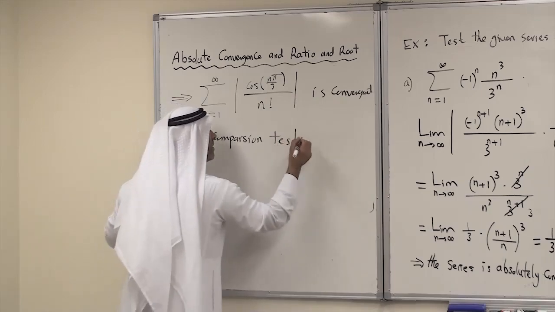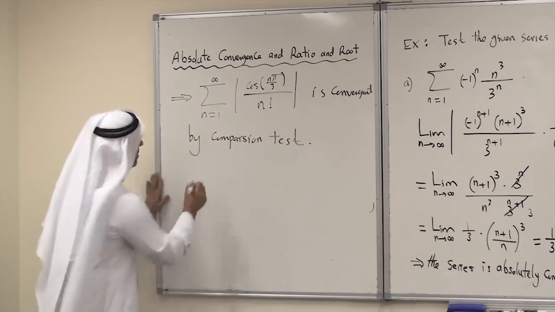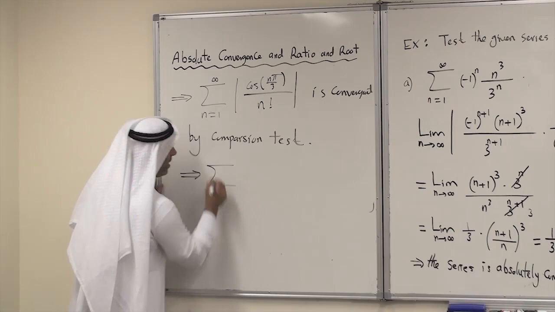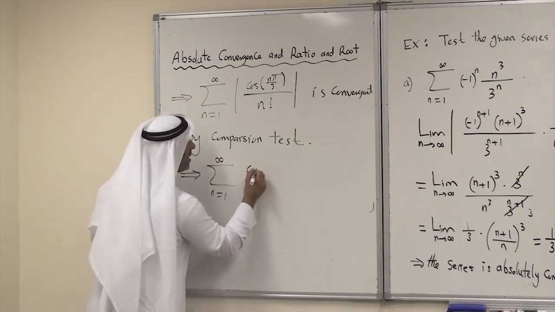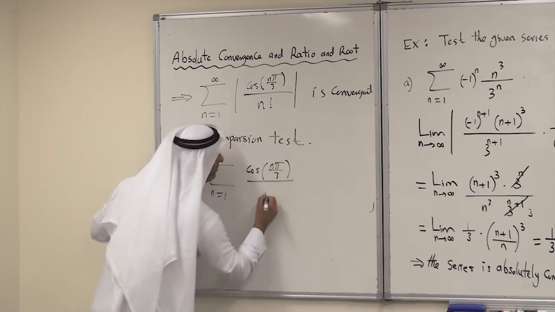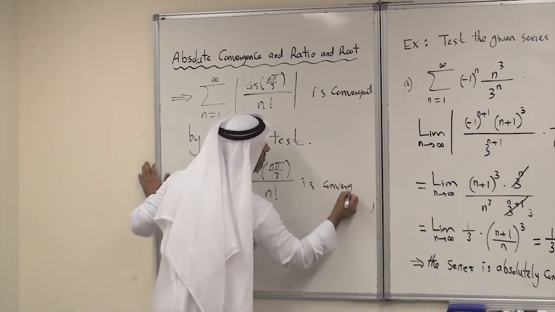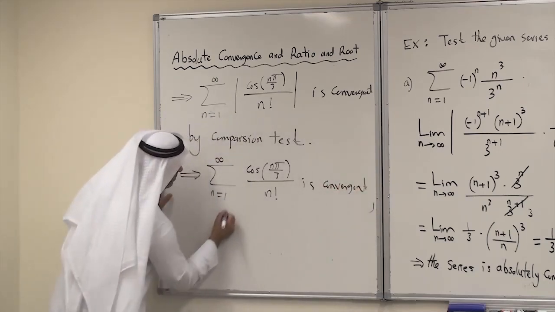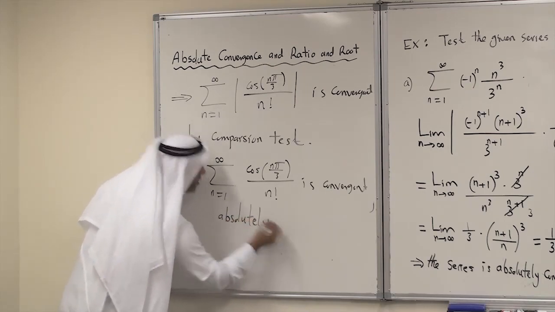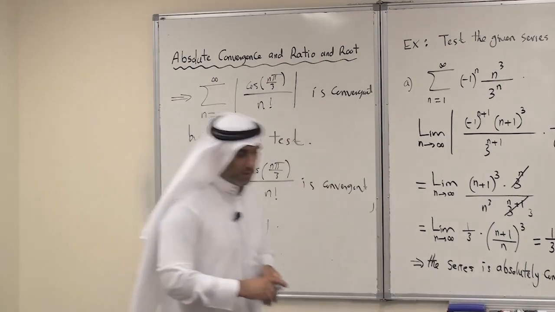If it is convergent by the comparison test, what can we say about the series without absolute value? This implies the series, n equal to 1 up to infinity of cosine of n pi over 3 all over n factorial, is convergent absolutely. Why is it convergent absolutely? Because the series with absolute values is convergent.